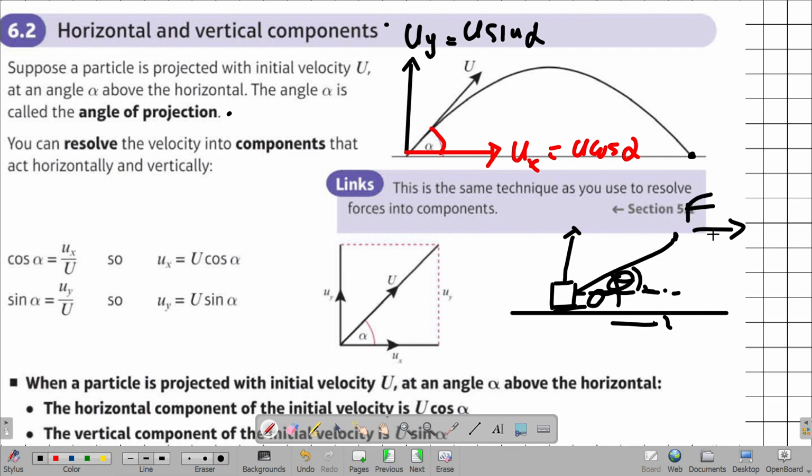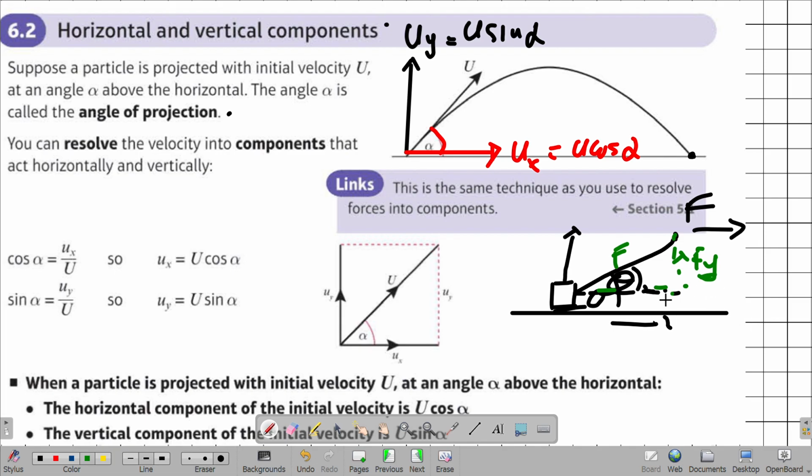So if I apply a force F here, according to the Pythagoras theorem or the trig function, the vertical force which is going up here can be simply calculated using this F here and this vertical force F y, which is the opposite.